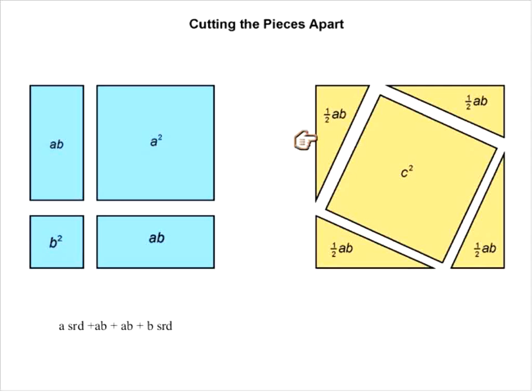Similarly, if we wanted to determine the area of the yellow square, that would be 1/2 AB plus 1/2 AB plus 1/2 AB plus 1/2 AB plus C squared. Okay, and we can simplify that too. All right. I'm going to move on to the next page.